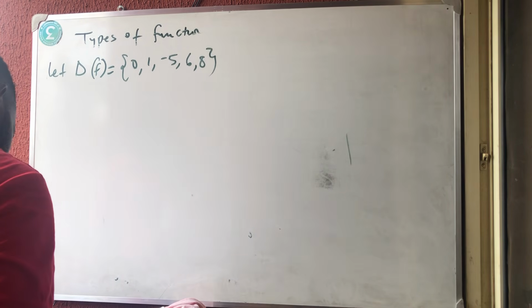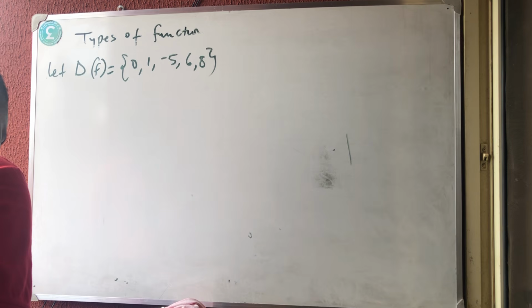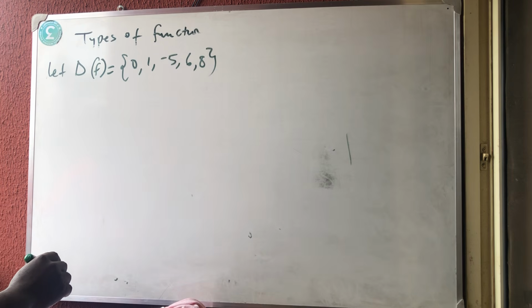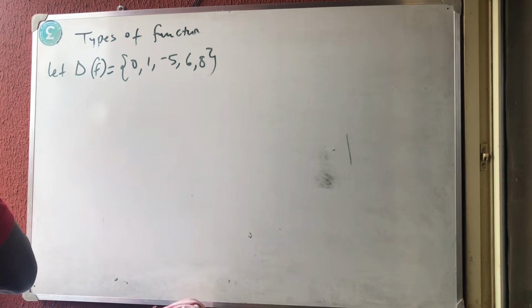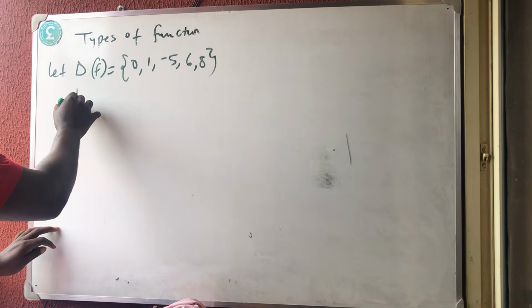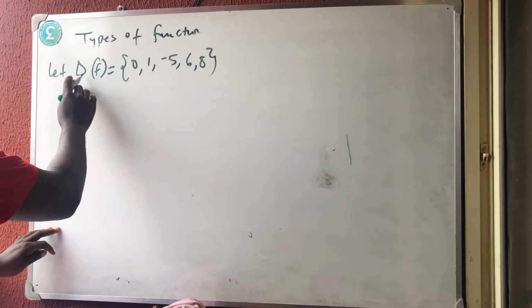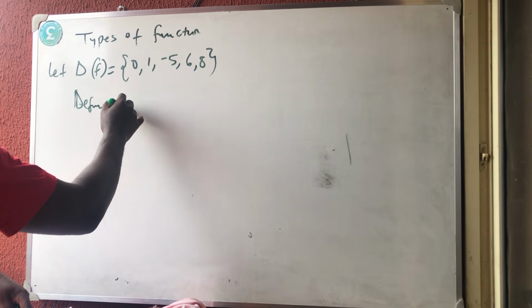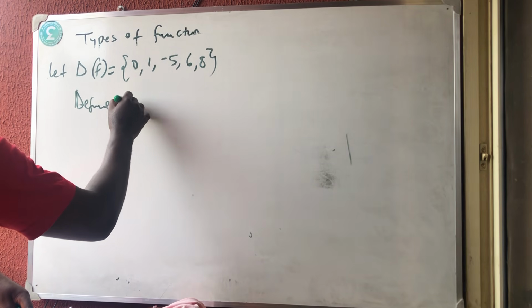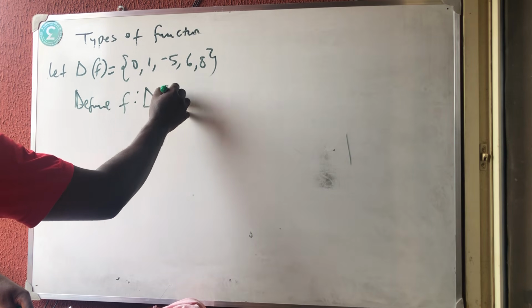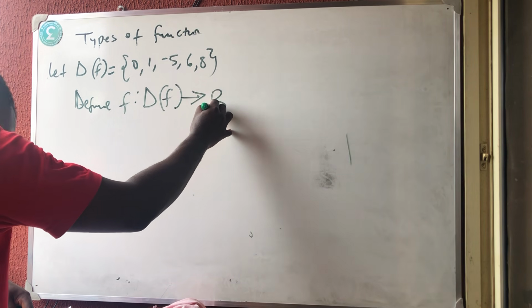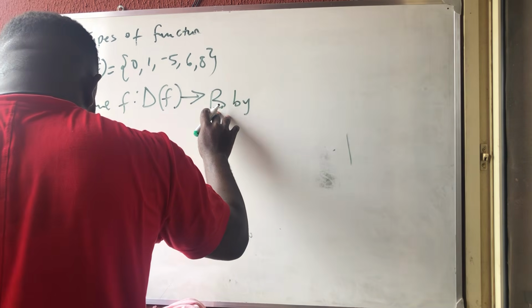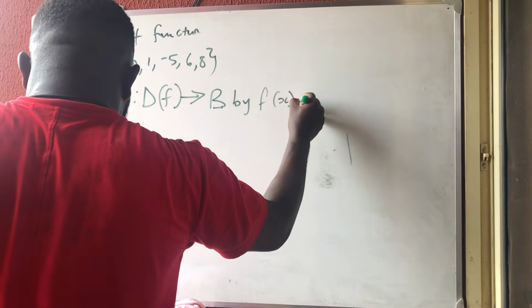And they say define F such that the domain of F maps to B by F of X is equal to 2x.